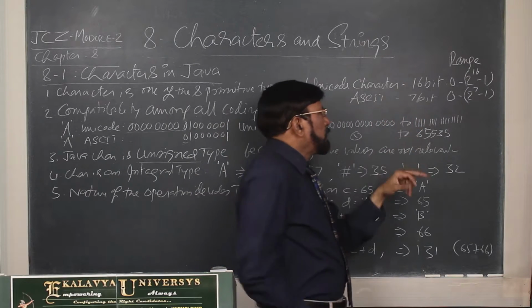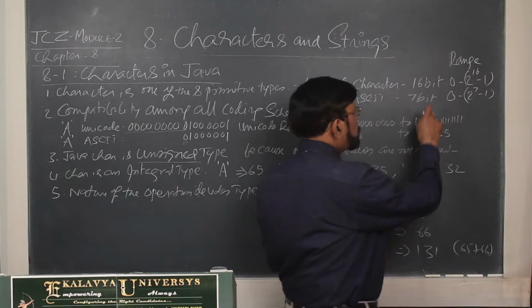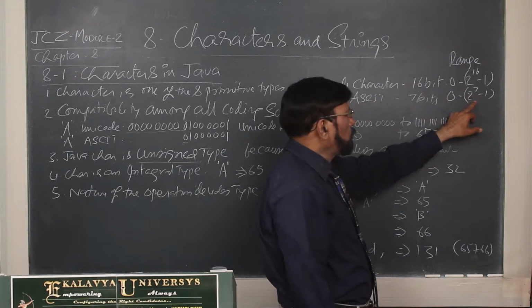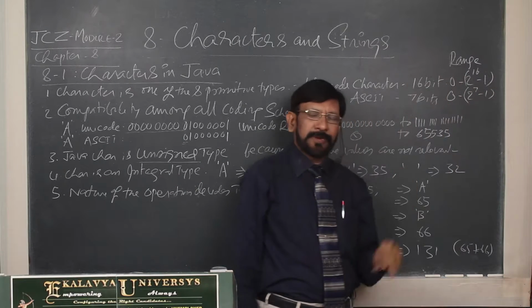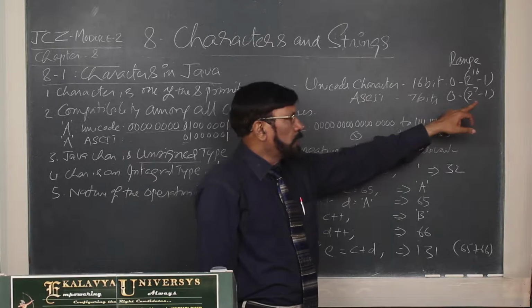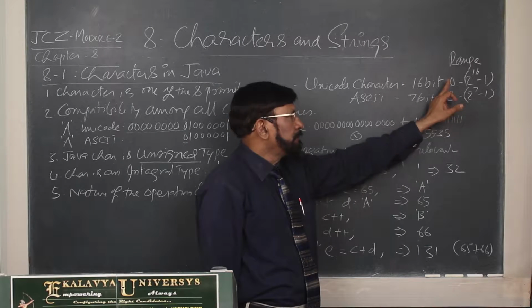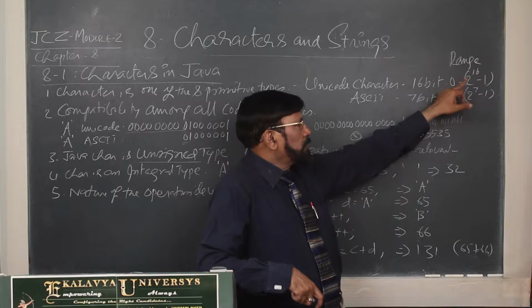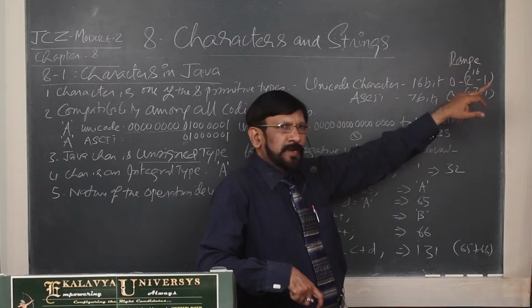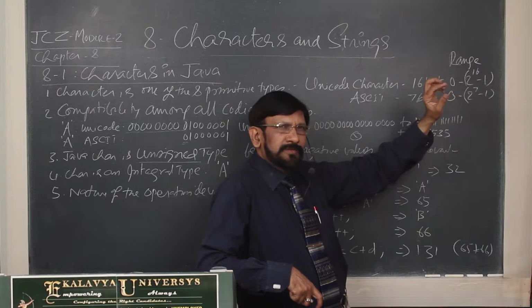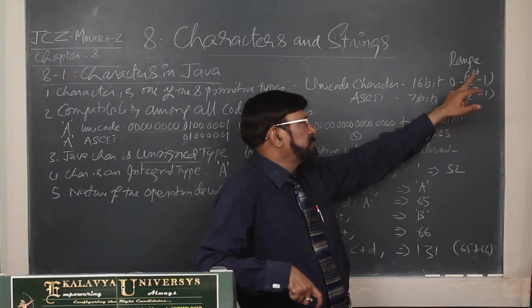So its range starts from 0 to 2 to the power of 7 minus 1, that means 0 to 127, totally 128. For Unicode, 0 to 65,535, total characters are 65,536.